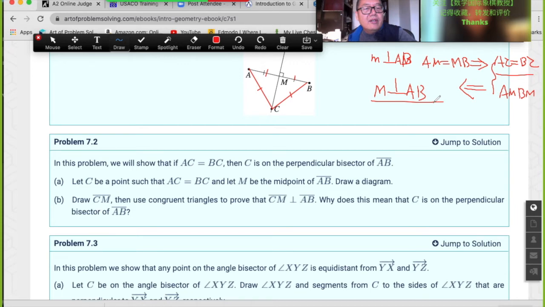Okay? So then what do you know? AC equals BC, AM equals BM. So can you prove CM perpendicular to AB? Can you do that?